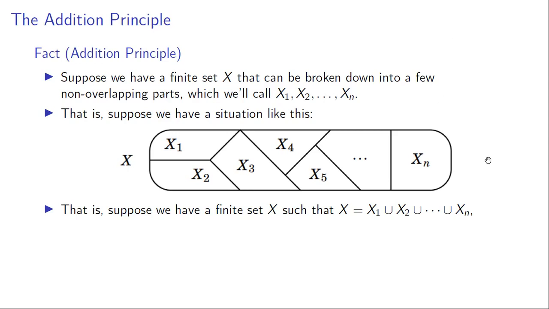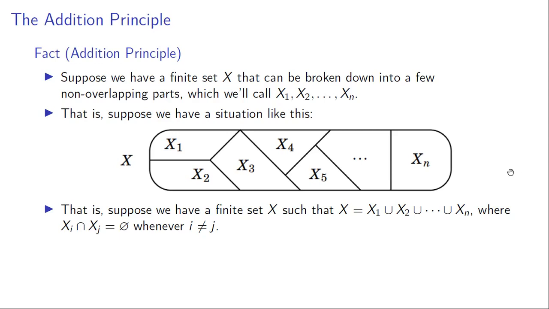And we also need the restriction that there's no overlap. How do we state that? Where X sub i intersected with X sub j is equal to the empty set whenever i is not equal to j. That is, whenever we have two different sets, let's say X3 and X15, there is no overlap, meaning their intersection is the empty set.